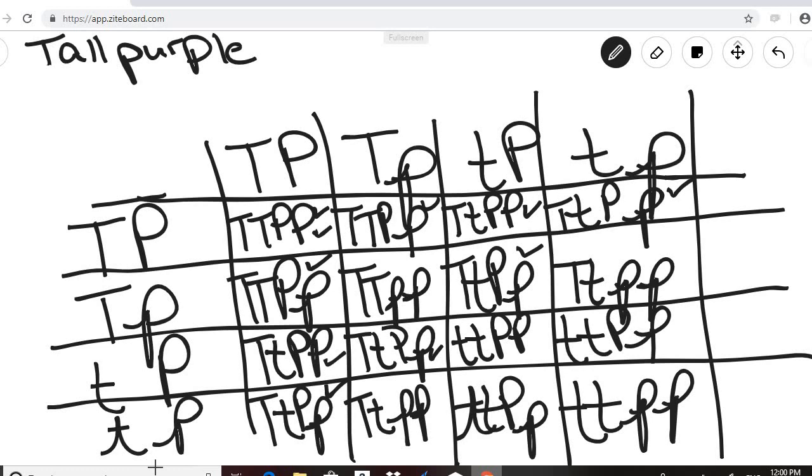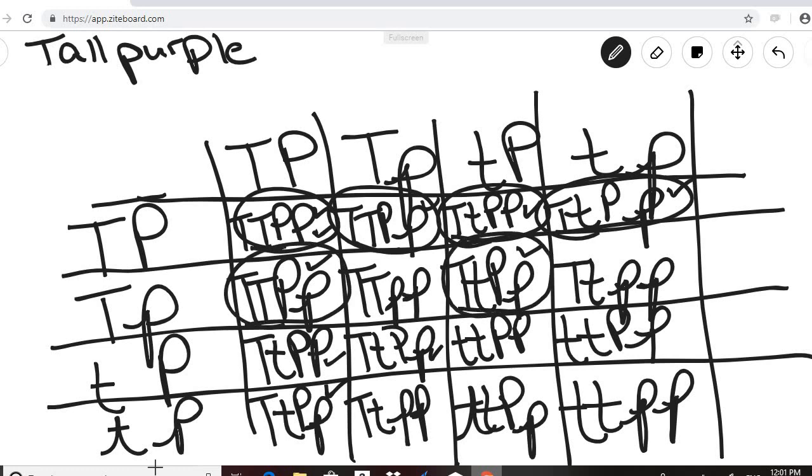So 1, 2, 3, 1, 2, 3, 4, 5, 6, 7, 8 would be tall and purple.